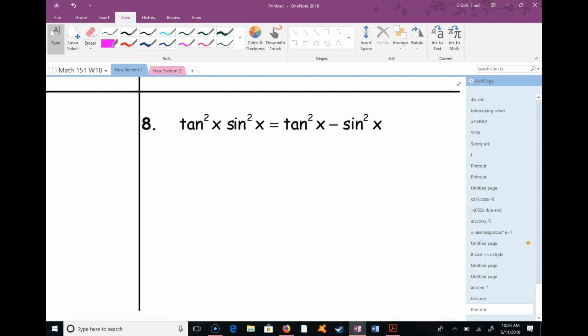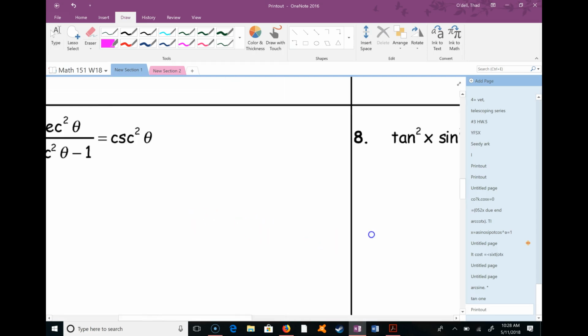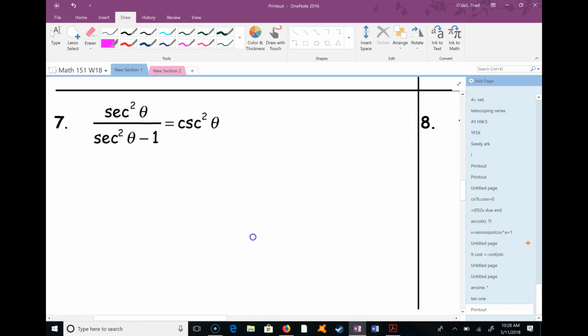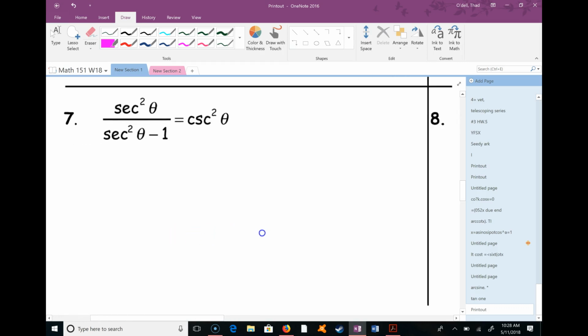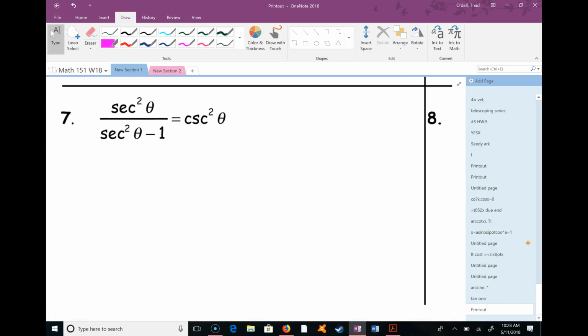Okay. So here we'll grab another one, like maybe, yeah, we could try that one. So here's another one. We got nothing but secants there, so it seems like we should be able to do something. Although, yeah, we can't change that to secant.